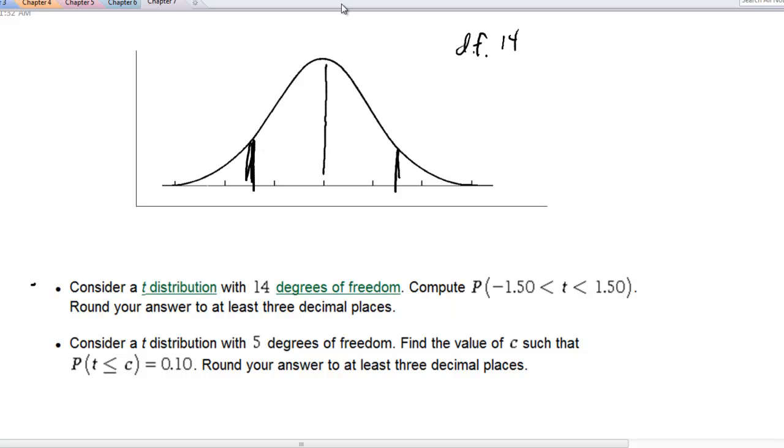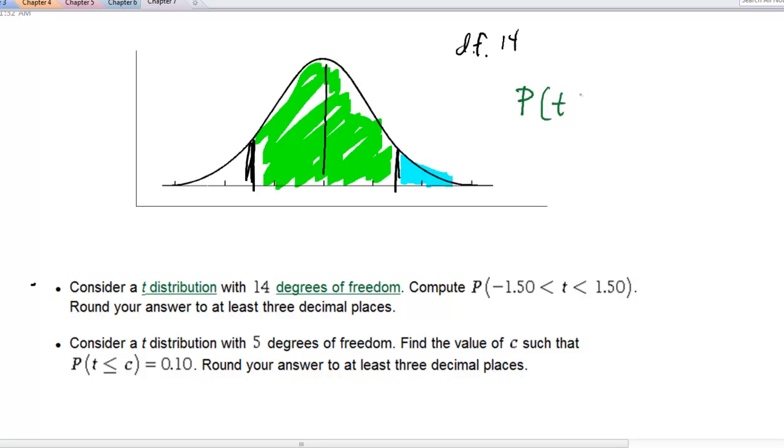So we want that area in there. Well, the only problem is the button always gives us the area to the right of our cutoff value. But that's not really a problem, because what we can do is put P of t greater than 1.5, and that'll be this blue area right here.